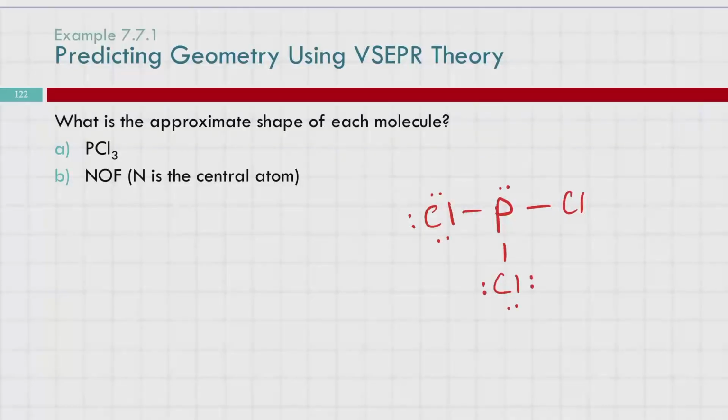Step 1, draw the correct Lewis structure. I don't expect you to come up with it that fast. But that would be our correct Lewis structure for PCl3. Think about what the shape is going to be for that.